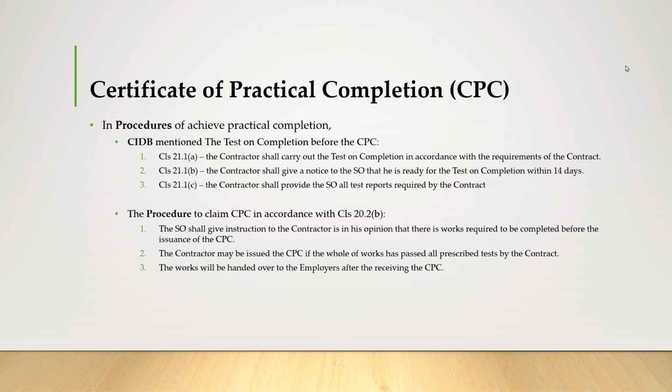And also, the contractor shall give notice to the SO that he is ready for the tests on completion within 14 days. And also, the contractor shall provide the SO with all tests required by the contract. And for the procedure to claim the CPC, in accordance with clause 20.2b, the SO shall give instructions to the contractor if in his opinion the works are required to be completed before the issuance of the CPC.